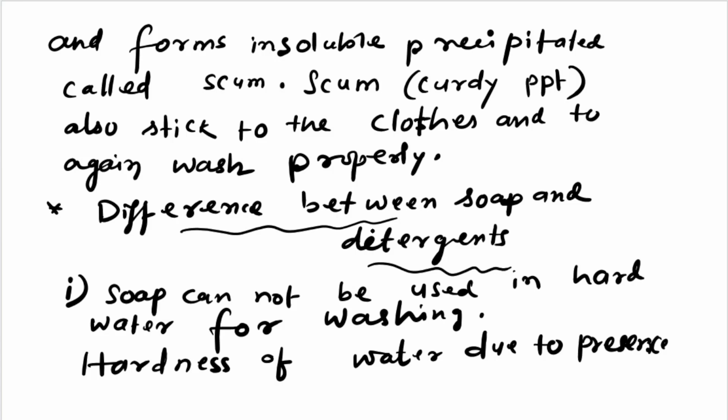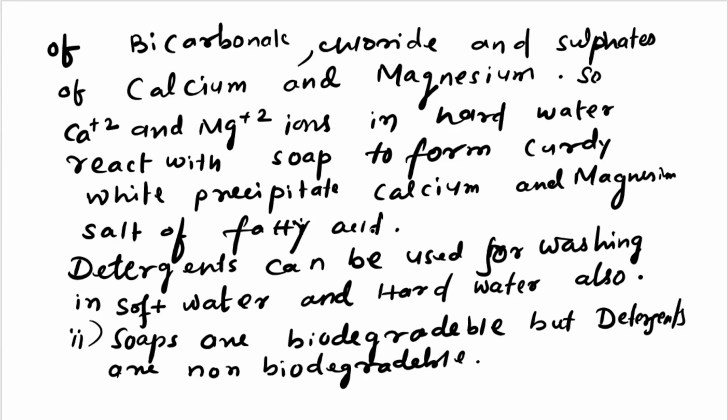Hardness of water is due to the presence of calcium and magnesium salts: bicarbonate, chloride, sulfate of calcium and magnesium. So Ca2+ and Mg2+ ions in hard water react with soap to form a cloudy white precipitate.